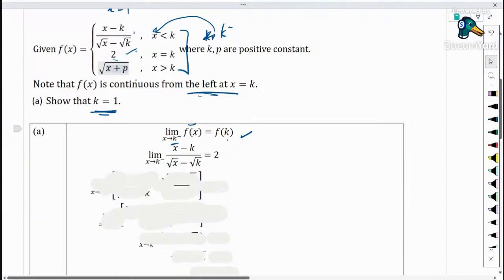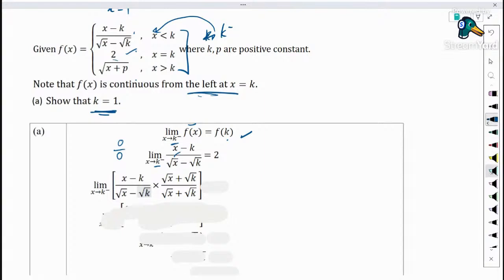Then from there, we try to solve what is the value of k. You find out that direct substitution into the function here, you have 0 over 0. So we need to find the factor creating 0 and cancel it. The strategy to solve this question is that we multiply the conjugates top and bottom for square root of x minus square root of k. So the conjugate is square root of x plus square root of k.